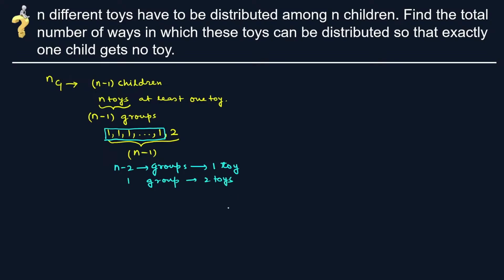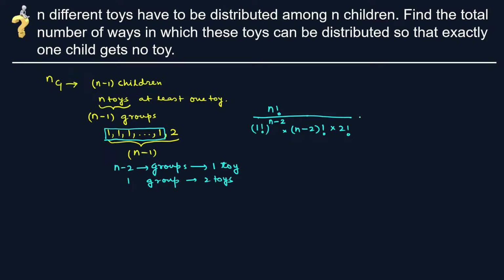So in how many different ways can you form these groups? The total number of toys is n, so it will be factorial n divided by factorial 1 to the power n-2, since these n-2 groups are of equal size and identical, times n-2 factorial, and one group is having 2 toys, so it has to be divided by factorial 2 as well.